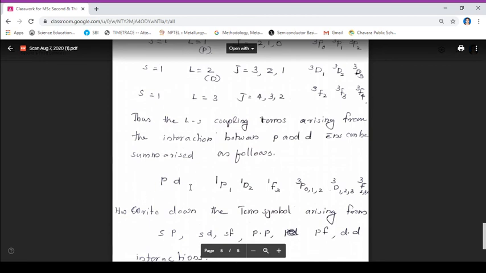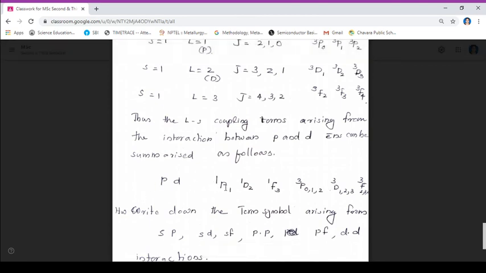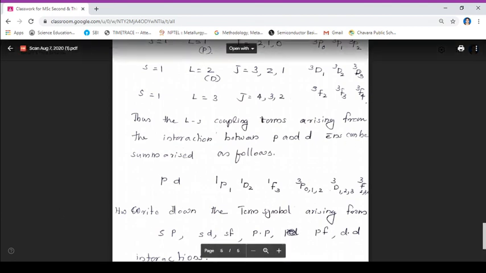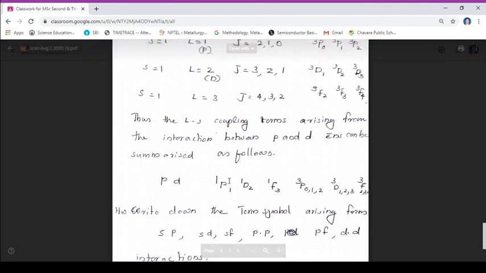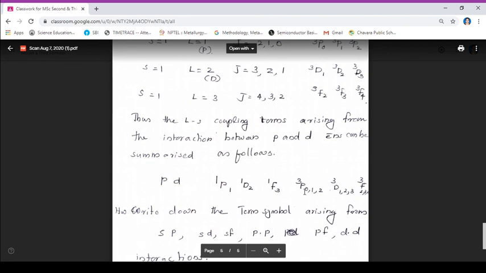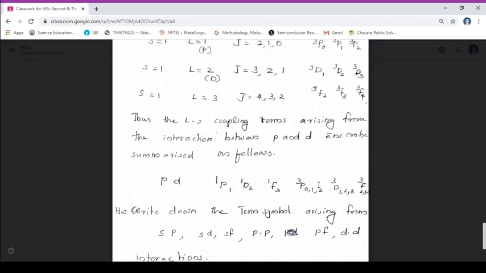P electron and D electron will give you 1P1, 1D2, 1F3, then 3P0, 1, 2, 3D, 1, 2, 3, then 3F2, 3, 4. So these are the 3 singlet states, and these states correspond to L equal to 1, L equal to 2, then L equal to 3.